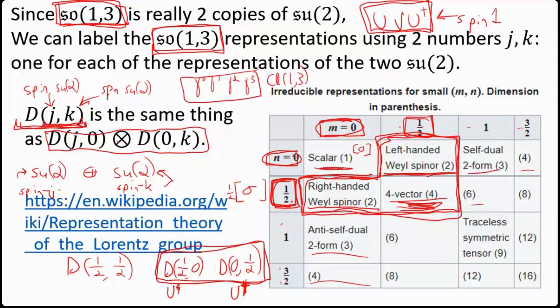Sorry, go ahead. No, continue. Well, I was just gonna say the spin(1,3), which is the double cover of SO(1,3). To get the generators for that, we look to these different representations.